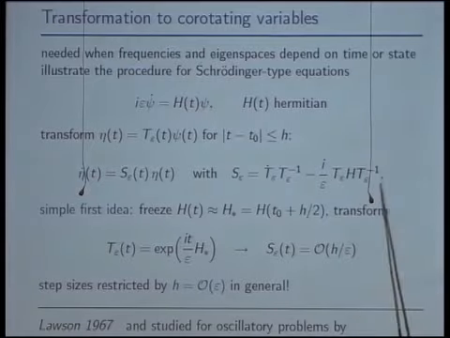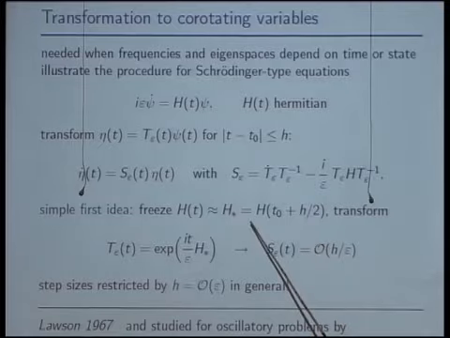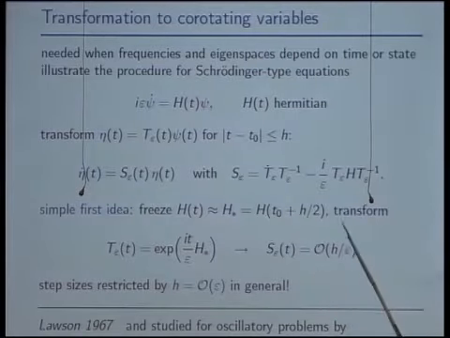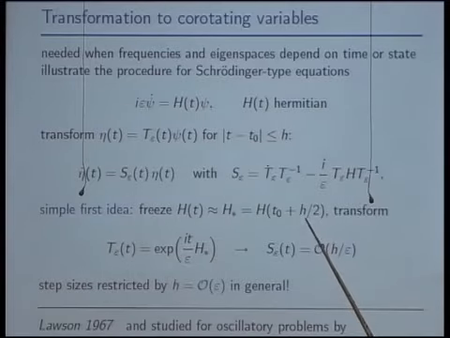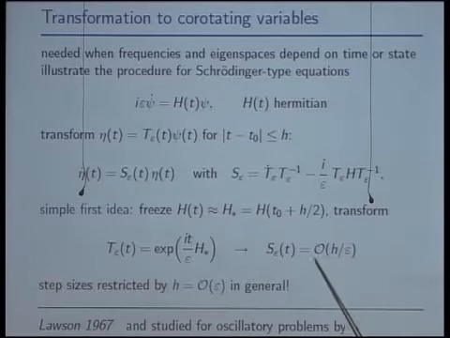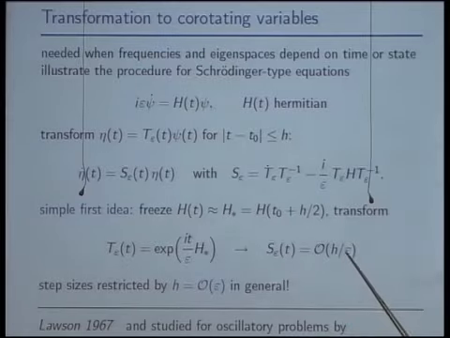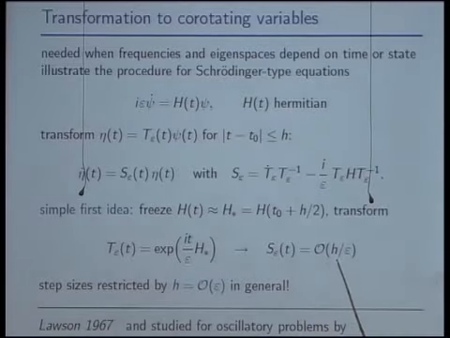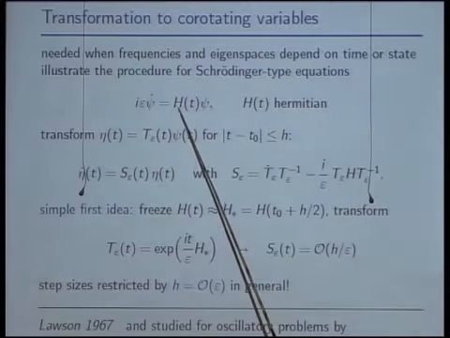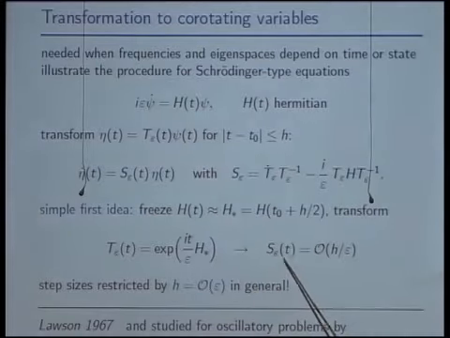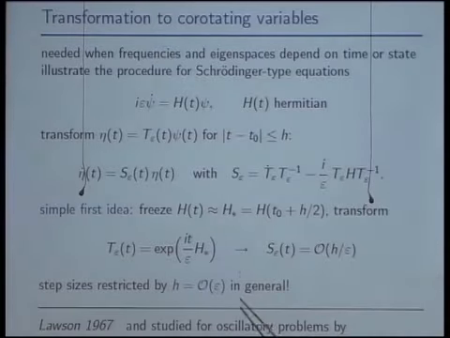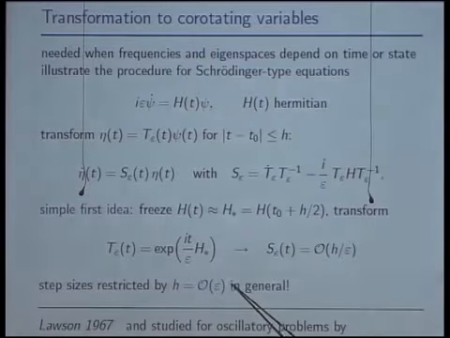But if we look here, since the variation of capital H over the interval of length small h is of size small h, and this is divided by epsilon, we do not get a bounded matrix in this way, but one which is h over epsilon. And though this is a large gain by a factor of h compared in size to the original matrix, we haven't got something which is uniform in epsilon. And the effect of this is that in general, the step sizes are still restricted by something which is of the order of epsilon.